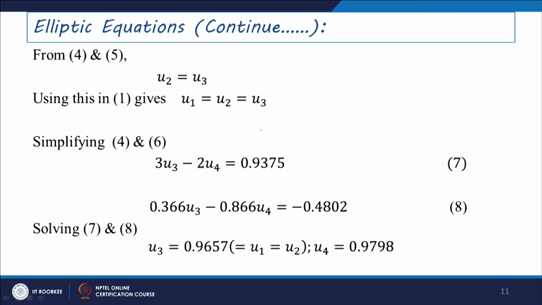If you simplify equations 4 and 6, we obtain 3u3 minus 2u4 equals 0.9375. Then if you solve these equations simultaneously, we get u1 equals u2, which is nothing but u3, equal to 0.9657, and u4 equals 0.9798 here.